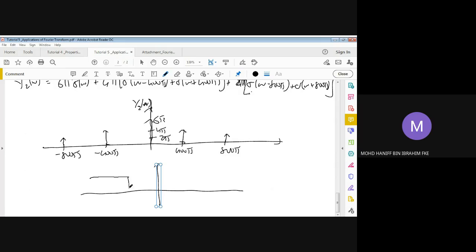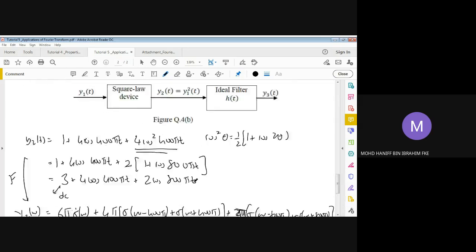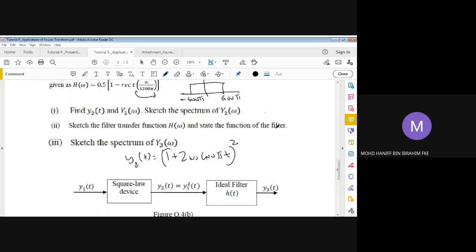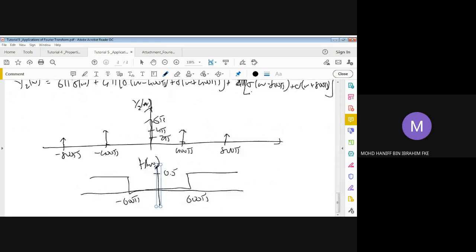This is negative 600 pi, and that's positive 600 pi, and the amplitude will be 0.5. So that is your H omega. Now state the function of the filter. Based on this filter response, everything less than 600 pi will be filtered out.